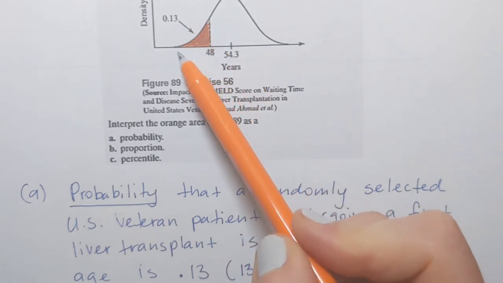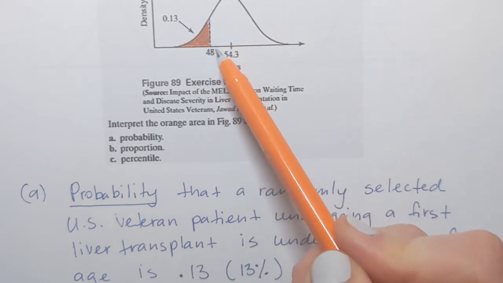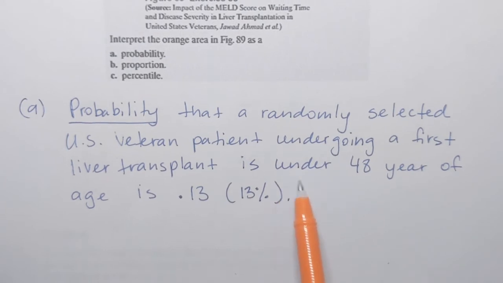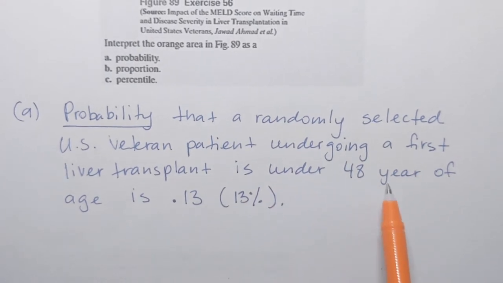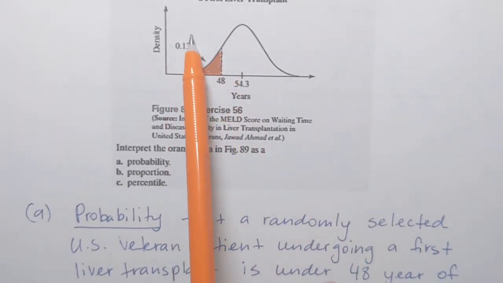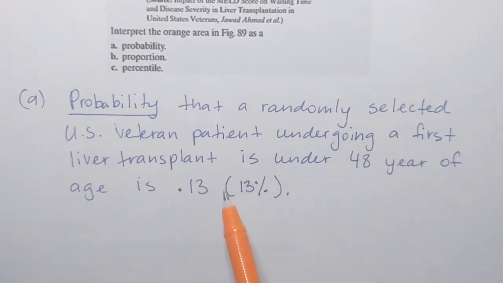And it all comes from what kind of area we're looking at. So in this case, it's the area to the left of 48, which is years. So that's why I'm saying it's under or less or younger, right? I can use those words. Under 48 years of age is, and then I'm stating the area itself. It's 0.13, but this time again it's representing probability, which is the same as 13%.